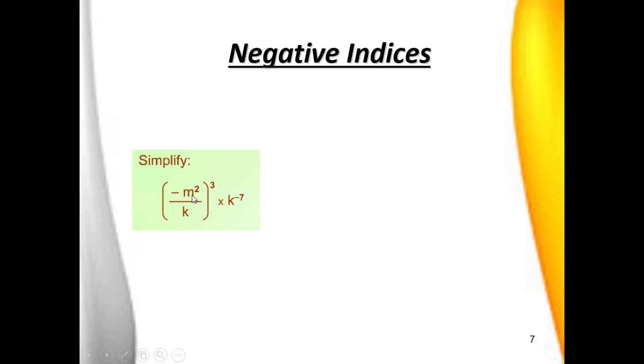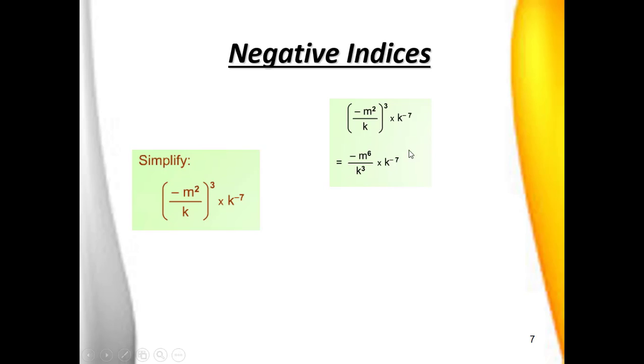So you take note of that. So when we remove the brackets, this is a negative sign, right? So you can treat it like a -1 multiplied to the m squared. When -1 is raised to the power of an odd number, which is 3, you have -1 times -1 times -1, your answer is going to be negative.